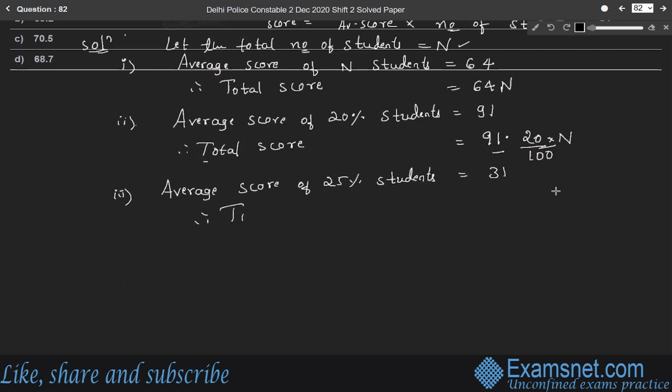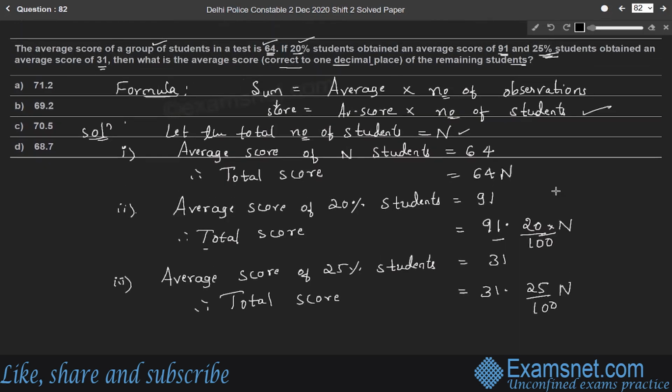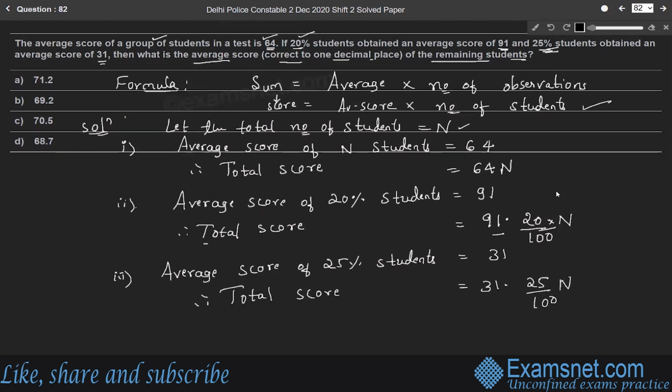Their total score becomes average score 31 into number of students, 25 by 100 into n. Right? So what is asked in the question? What is the average score of the remaining students?